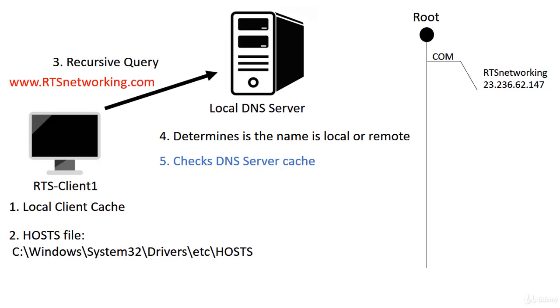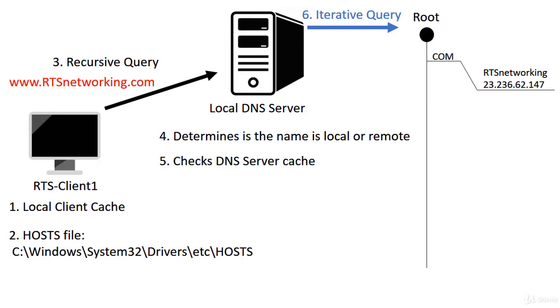Now I go to rtsnetworking.com. The DNS server will simply check its cache to see if it has resolved this name for any other users on the network. If it has resolved that name and it still resides in cache, it will simply retrieve that from cache and send it back to the client computer. In the example here, we will assume we are the first person that's going to rtsnetworking.com, so it's not in our cache.